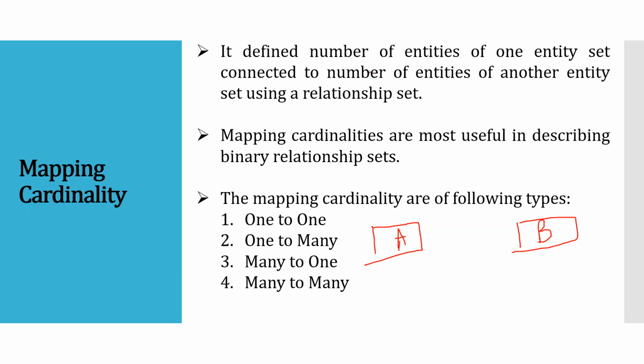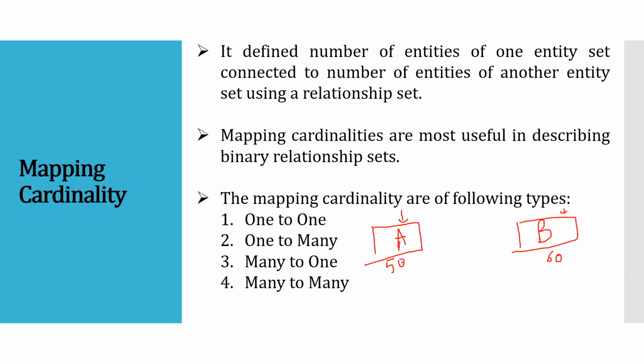It defines that the number of entities of one set, let us say this is set 1 and this is set 2, are connected to the number of entities of another set. So let us say A has 50 entities and B has 60 entities.